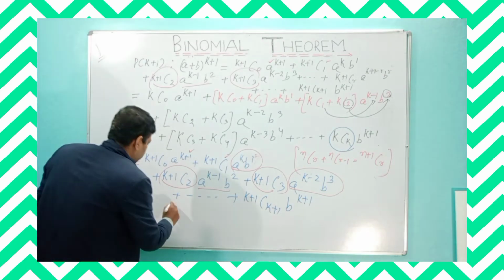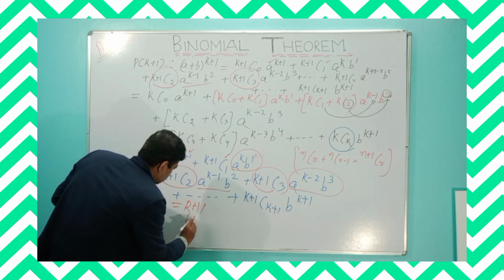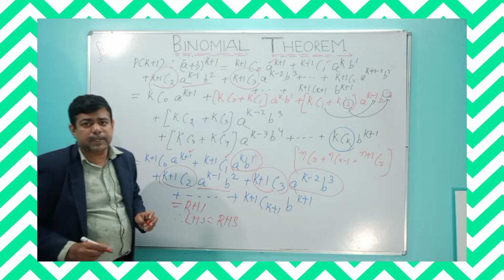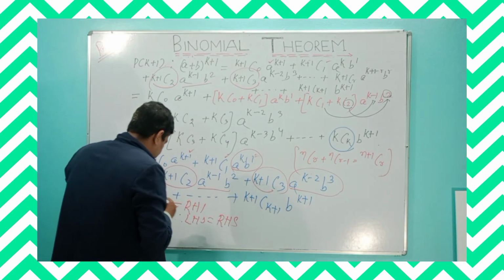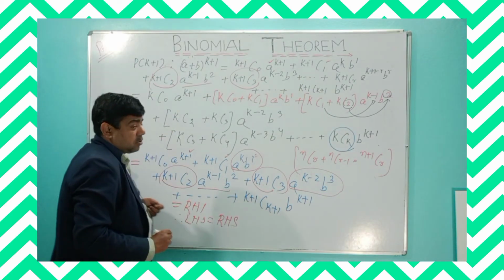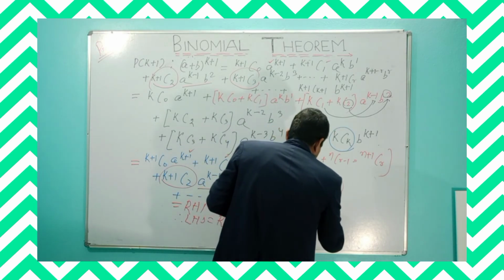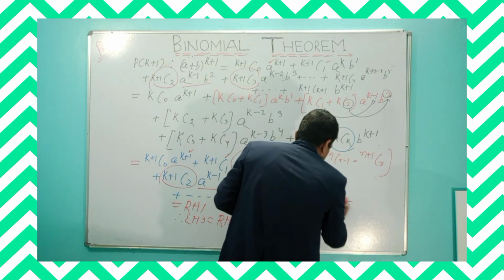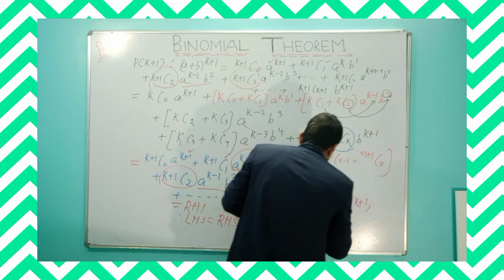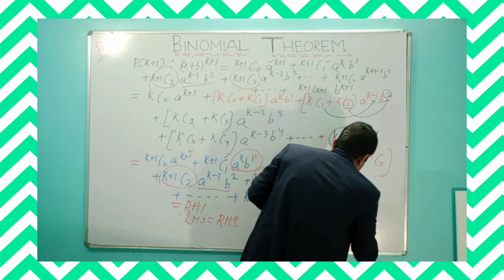It means we are getting LHS equal to RHS. Hence we prove LHS is equal to RHS. So according to the principle of mathematical induction, the statement is true for n equal to K plus 1. Hence for n equal to K plus 1, P(K plus 1) is also true.